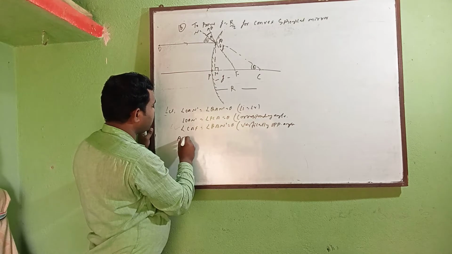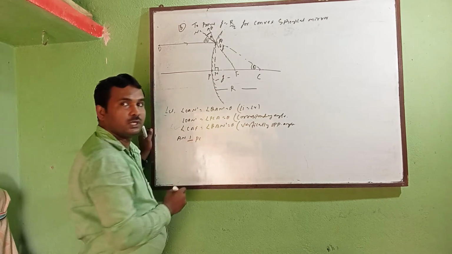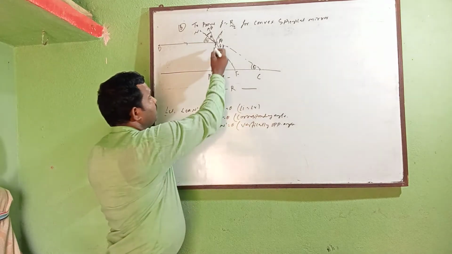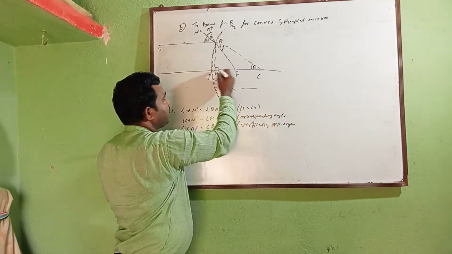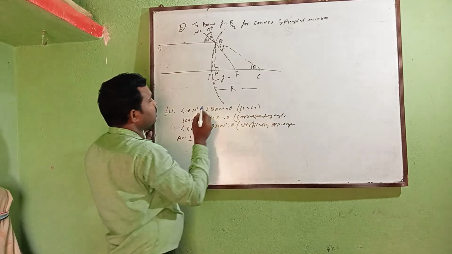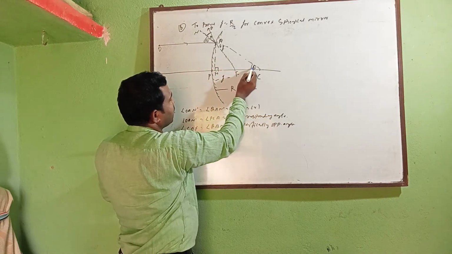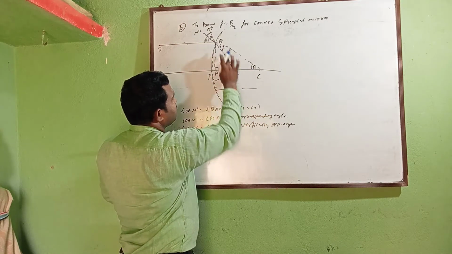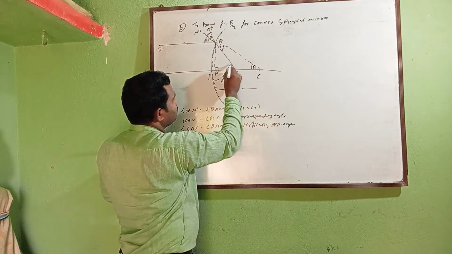This is not in perfect shape, so we can draw AN perpendicular to PC. Now it will be a right angle triangle ANC and ANF. Another thing: if this is theta and this is theta, then here will be theta plus theta, that is 2 theta. Why?